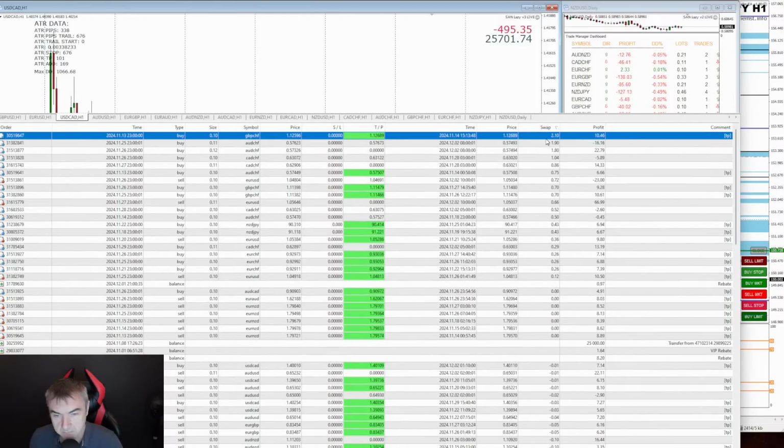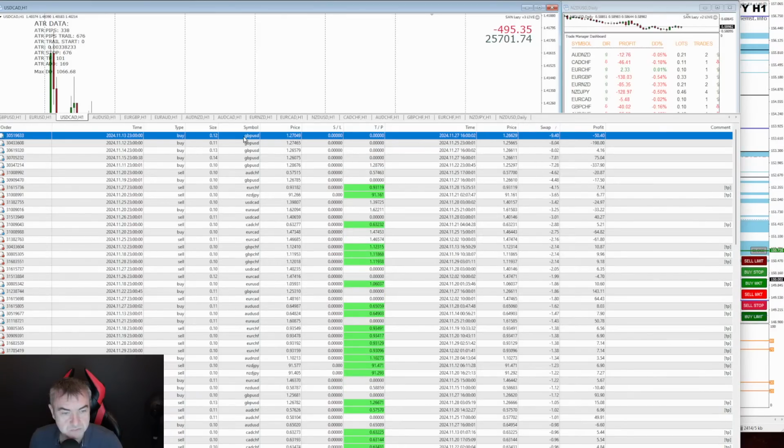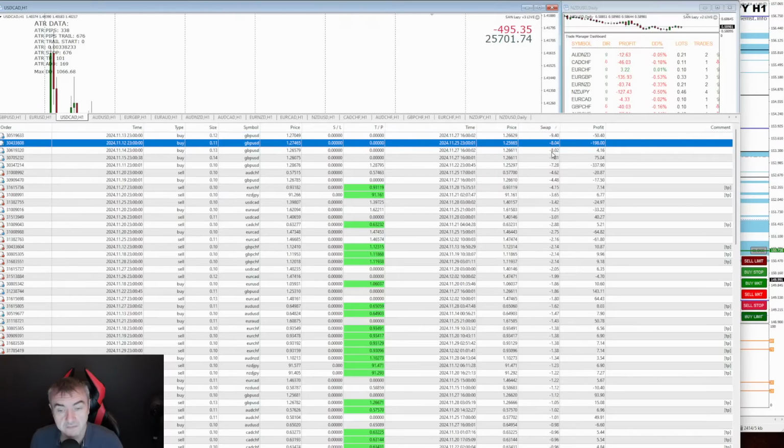The most expensive swap was the pound US dollar at 9.40. That was a multi-hold, the 13th of November, getting out on the 27th. So that was a 14-day hold, a 2-week hold. Obviously, that paid higher swaps.